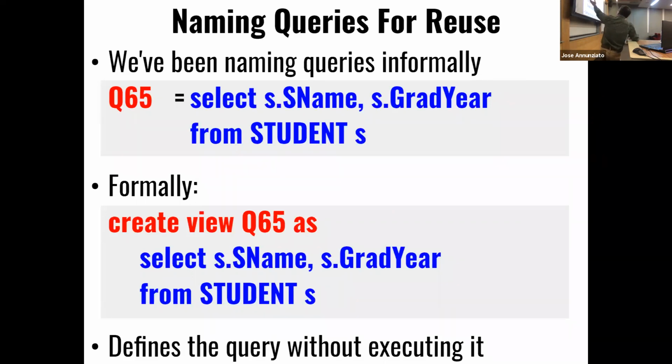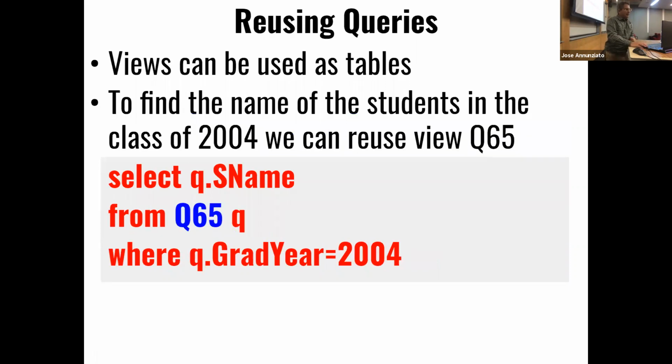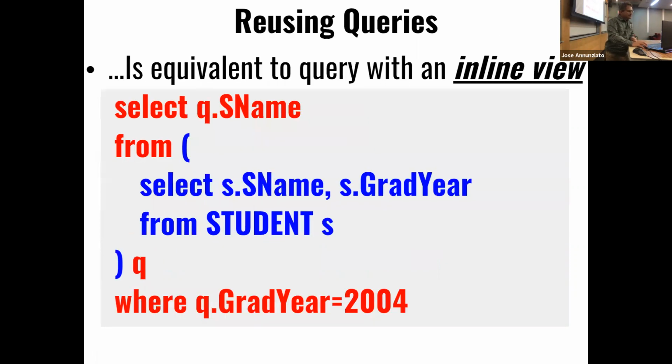You can say, create view Q65 as, and then the query, okay? And you've already seen lots of examples where we've been assigning results to Q variables, and then using those Q variables to then write even more complex select statements, right? So those have been examples of queries within queries within queries, right? So we're using queries.